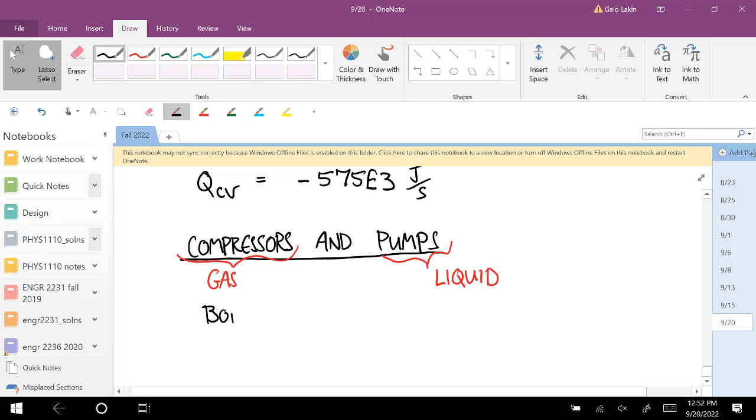Both of these can be used to move fluid from a lower pressure to a higher pressure.